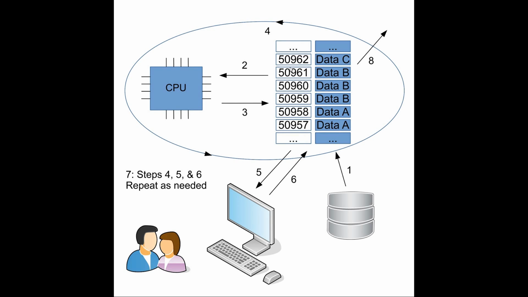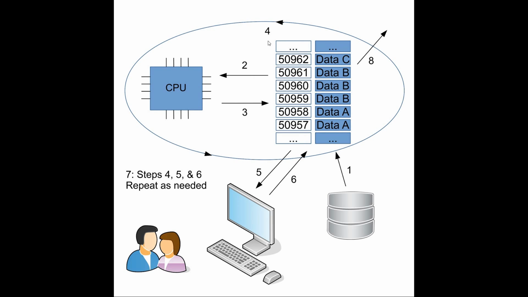The next step then is the instructions and data will go to the CPU. The CPU will then perform its calculations and send the results back into memory. And this happens over and over again, so 4 represents this loop.